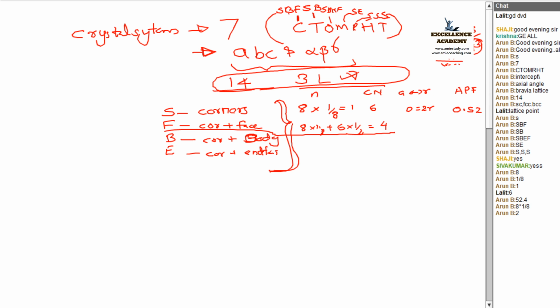Is it right? a is equal to what? 4r by root 2. I told you if F comes, that means it takes the 2, because F is the second position in the alphabet, so it is easy to remember. And what is the value of APF? 0.74.